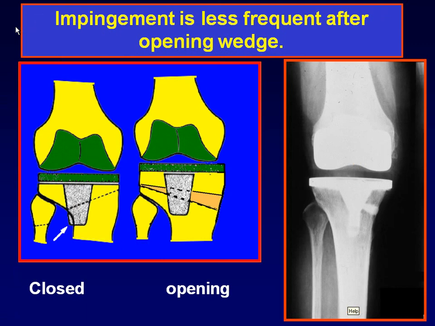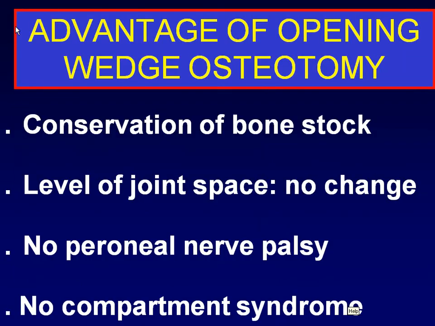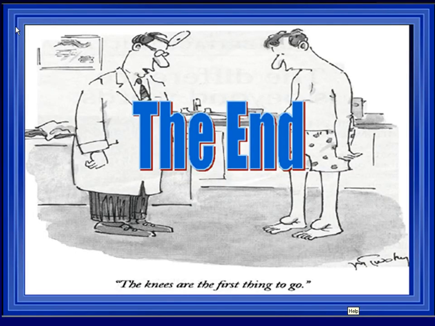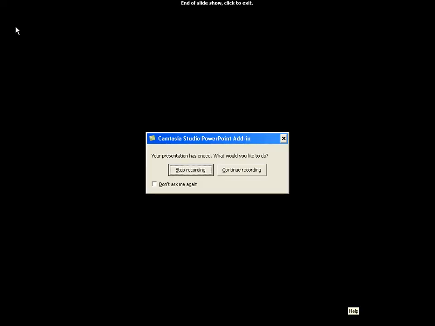Because you have no impingement, you conserve the bone stock, the level of the joint space is unchanged, and there is no peroneal nerve palsy and no compartment syndrome. So keep in mind that the first thing is to think about the knee, and that high tibial osteotomy is still a good surgery for the patient. Thank you.